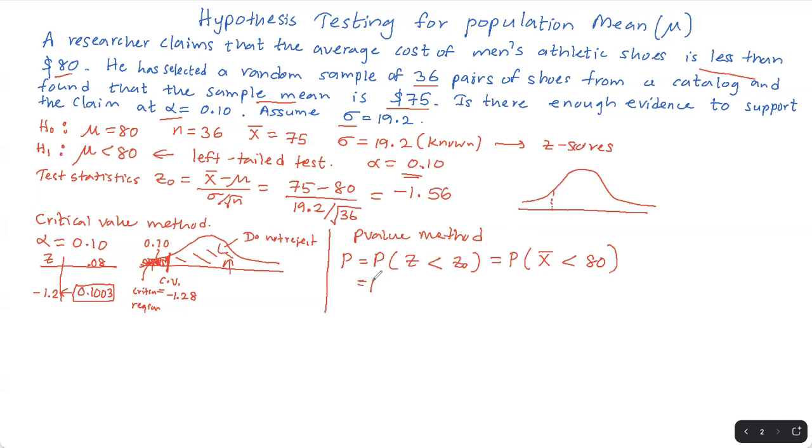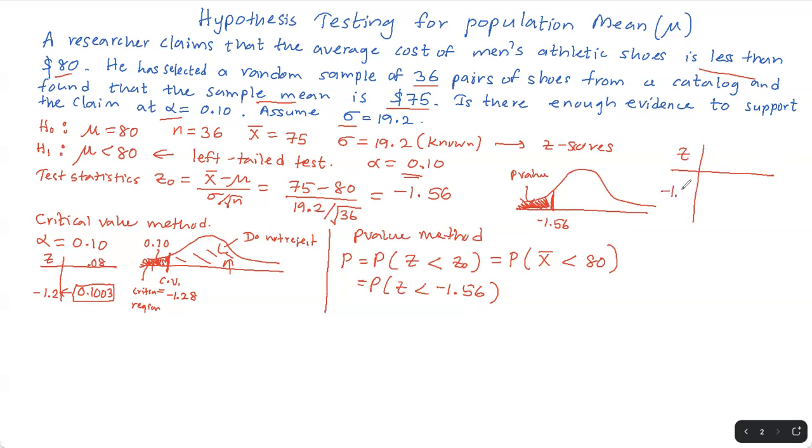Your z-naught is the test statistic value, which is negative 1.56. So you are looking at the extreme cases in this region. This is the p-value, the area under the curve less than negative 1.56.